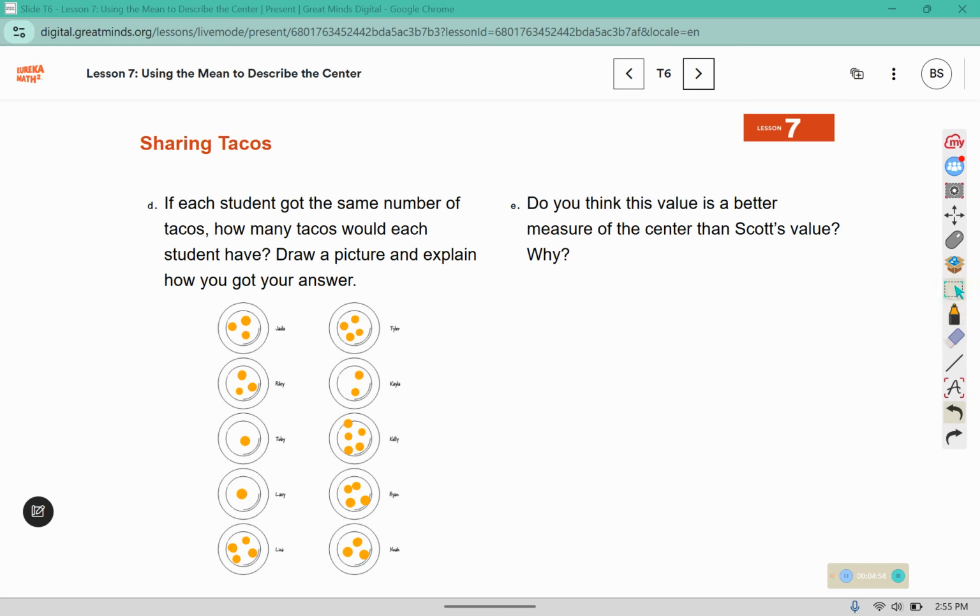So if I were to share these, if I had one, I could borrow one from the people who had more so that they have the same amount.